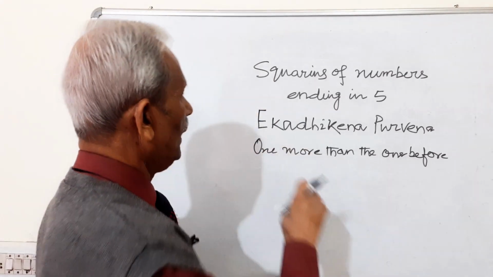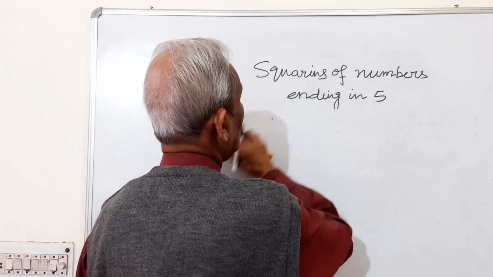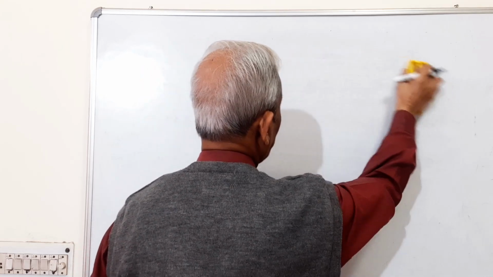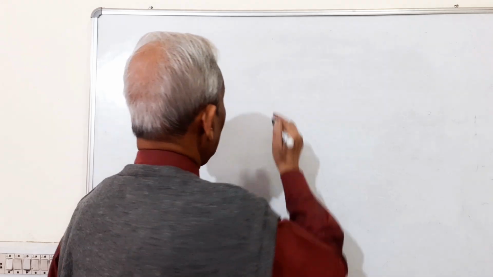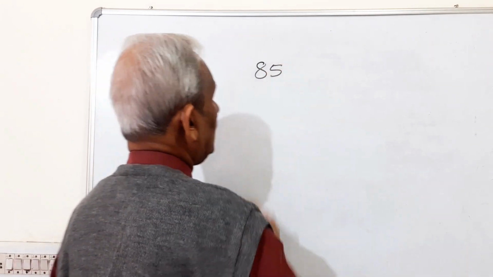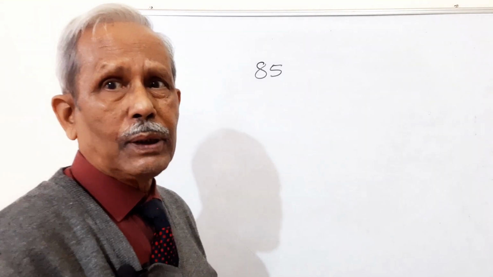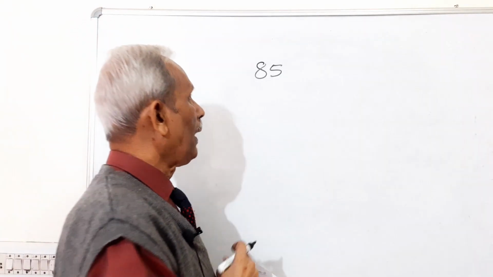So without any delay, let us take an example and try to solve the question. Let us find out how to square the number 85. And as I told you, we are doing the squaring of those numbers which are ending in 5. So if it is ending in 5, how to do that?